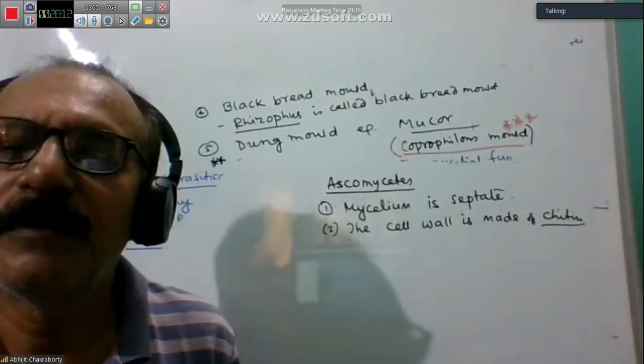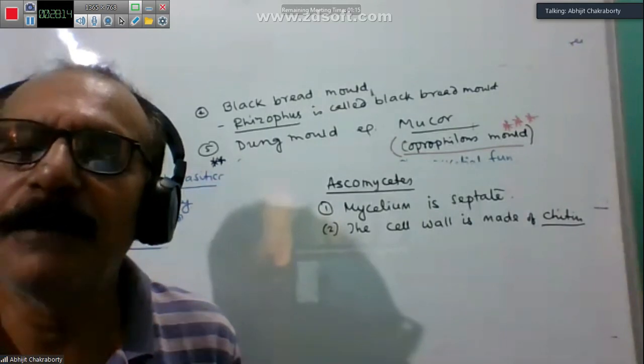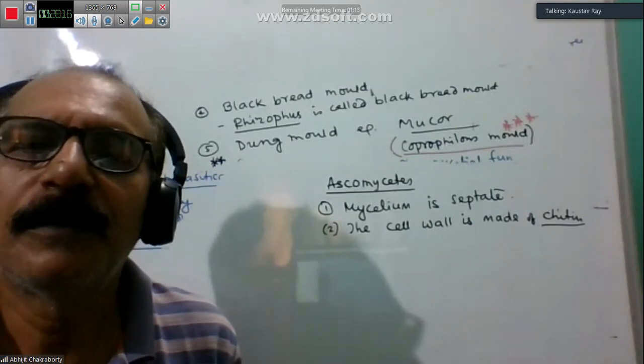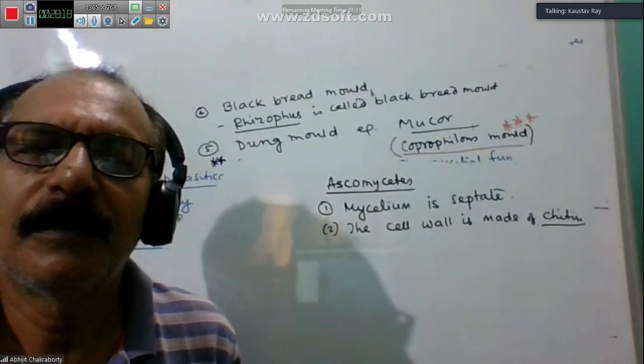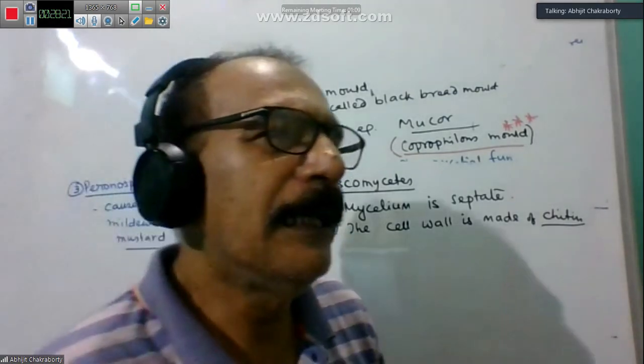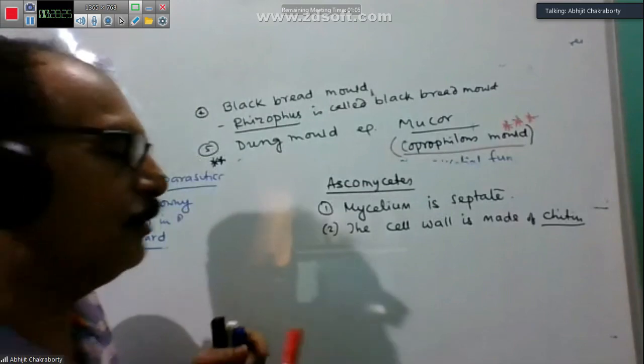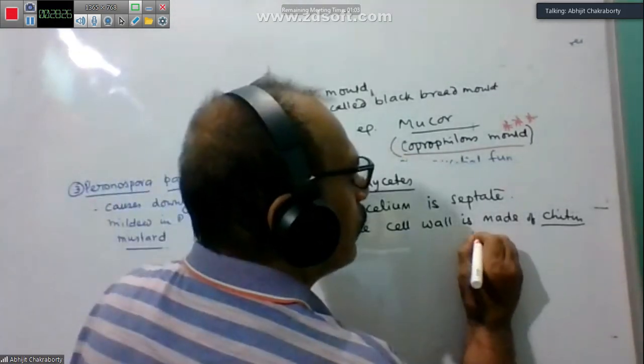Chitin is a nitrogen containing polysaccharide. Basically, it's a polysaccharide having nitrogen. So remember this thing. Another name for it is fungal cellulose.